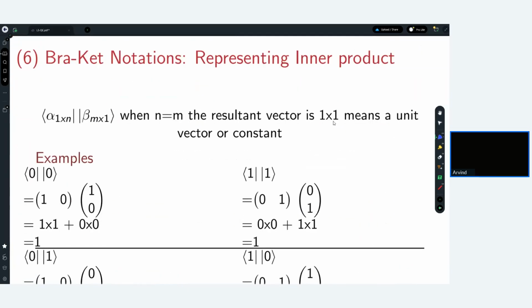Now the last form of bracket notation is bra-ket, a combination of bra and ket. The first bra is written and followed by a second ket notation, and this can be combined into one single angular bracket, less than and greater than sign.